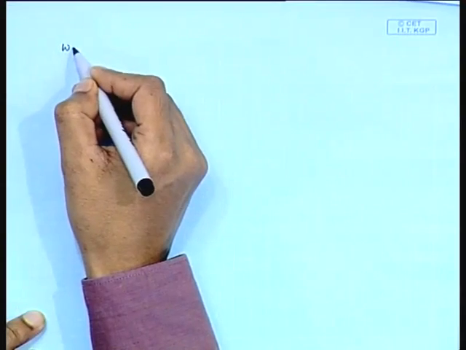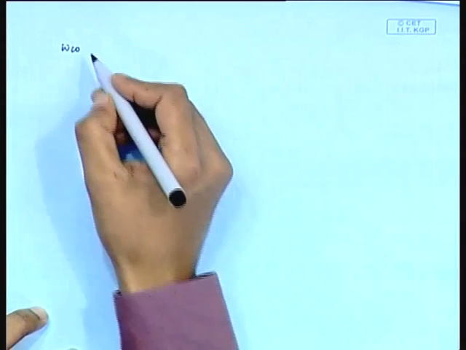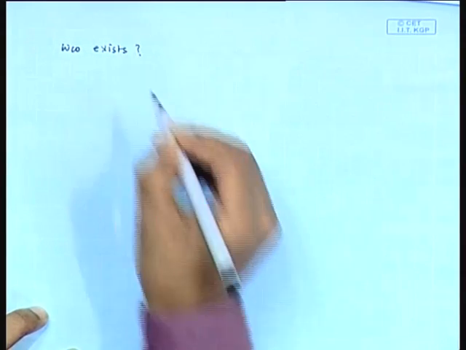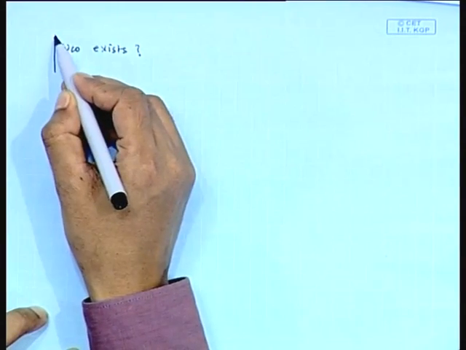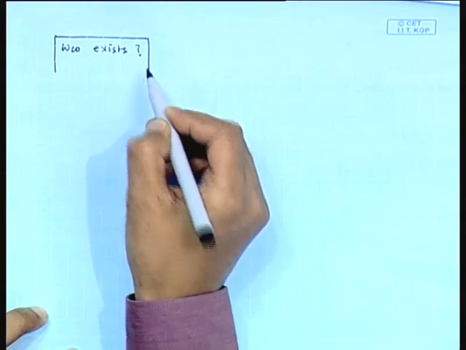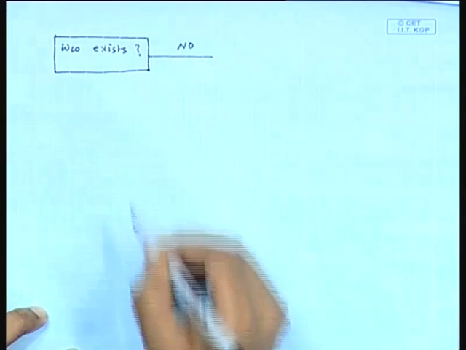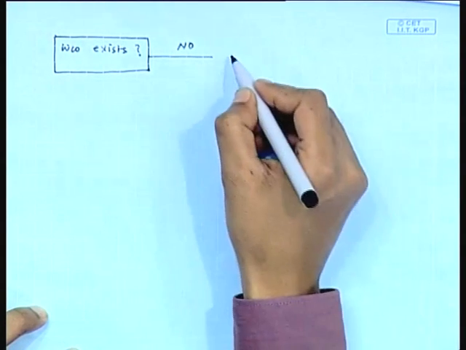So, we can say that first we need to check whether crossover frequency exists or not. If the answer is no, then the system is stable.